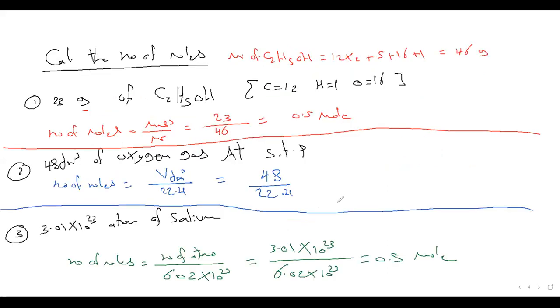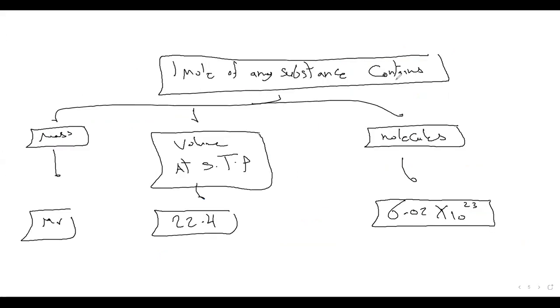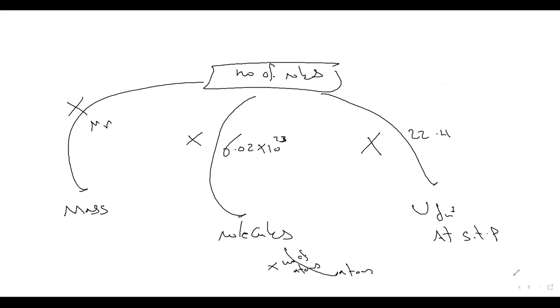After that, calculate the number of moles of each of the following: 23 gram, mass over molar mass; 48 decimeter cubed of gas at RTP, over 22.4; number of atoms over Avogadro's number. 1 mole of any substance contains a mass equal to the molar mass, a volume at STP equal to 22.4, and molecules equal to 6.02 times 10 power 23.